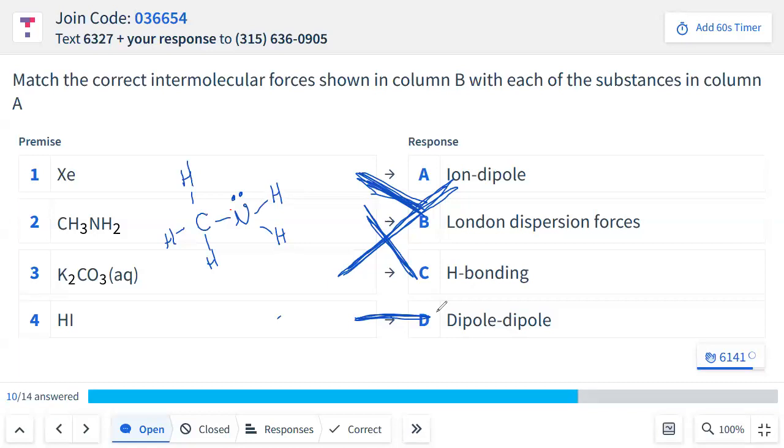Any asymmetry here is going to result in a polar bond, and since this is the only bond in the molecule, it's also a polar molecule. So that's the correct lineup: xenon to London dispersion forces, methylamine to hydrogen bonding, potassium carbonate solution to ion dipole, and hydrogen iodide to dipole-dipole forces.